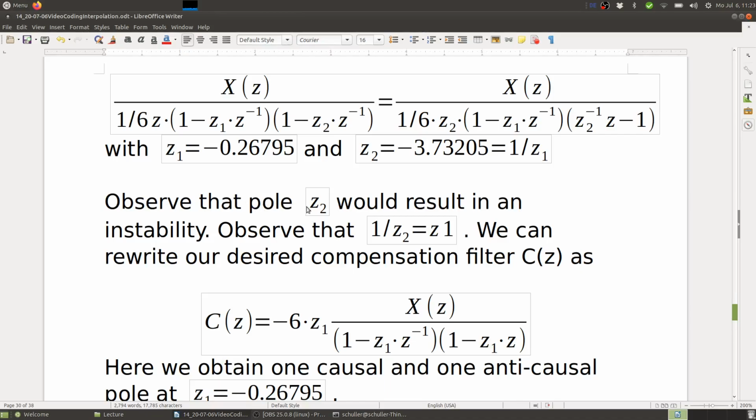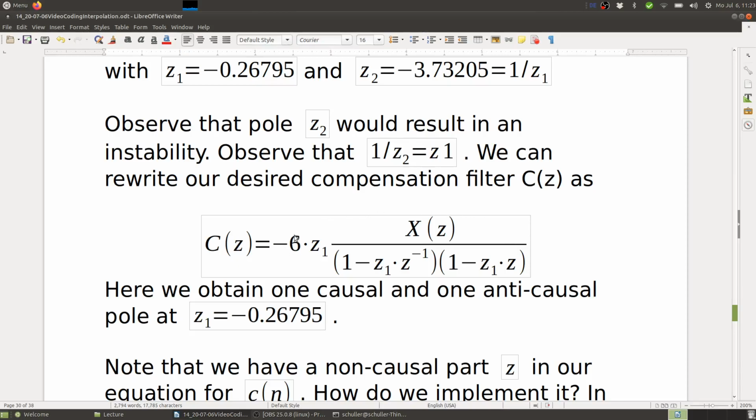So here the pole z2 would result in an instability because it's outside the unit circle. Right. So that's basically coming from the non-causal part that we discovered. Yeah, so we can rewrite our desired compensation filter C of z as this. Right here we factor out the -6 and this pole z1, and then we have this simple expression here for our IIR filter.